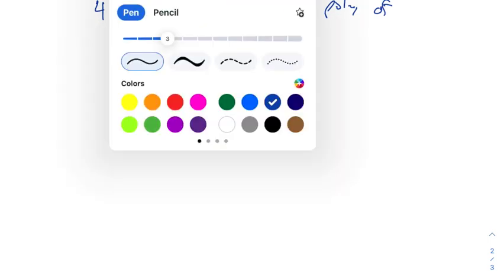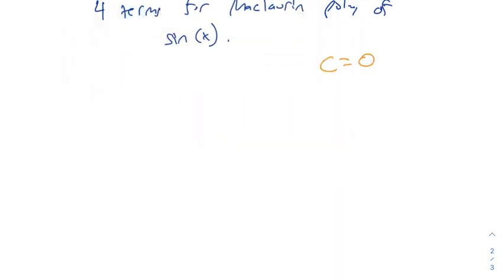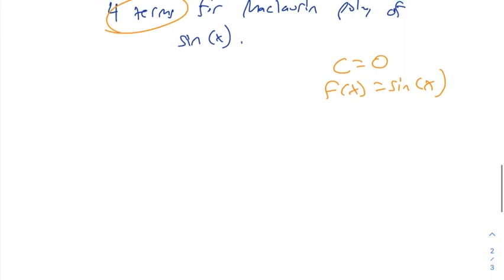So what do we know? We know that our center is 0, our function is sine of x, and I want to find 4 terms. Now, normally we'd think, okay, 4 terms, that's the constant as 1 term, that's going to be 3 degrees. Well, not quite on this one, so let's figure out why.